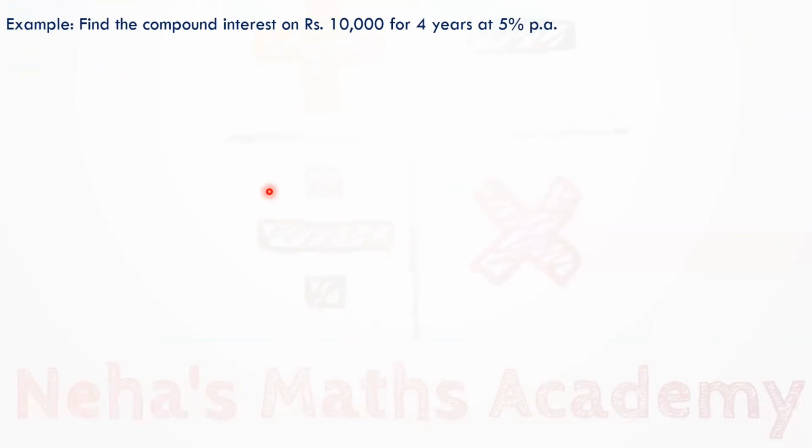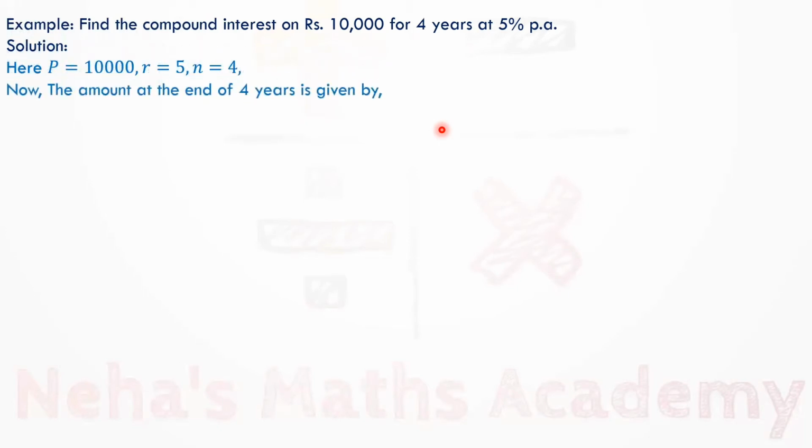Example, find the compound interest on rupees 10,000 for 4 years at 5% per annum. We have given P 10,000, R 5 and N 4. Just substitute the values, we will get the answer. So it is A is equal to P into 1 plus R upon 100 raised to N. Substitute all the values. P is 10,000, R is 5 and N is 4.